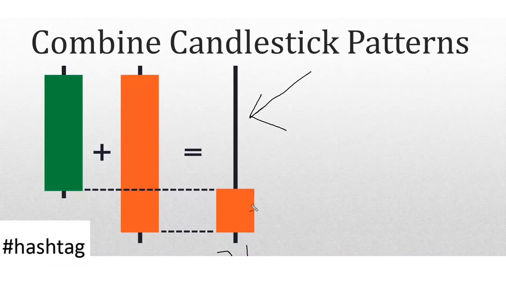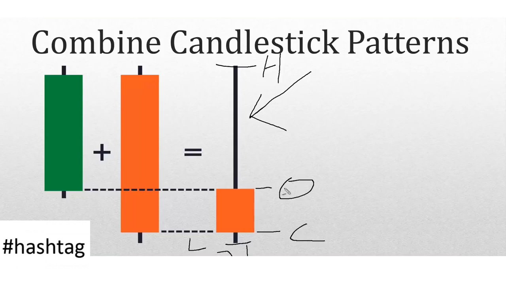A 2-hour candle identifies the high over the last 2 hours, the low over the last 2 hours, the opening price of the first hour, and the closing price at the second hour. Simple. So this is the open, this is the close, this is the high, let's call it H, and this is the low, let's call it L.